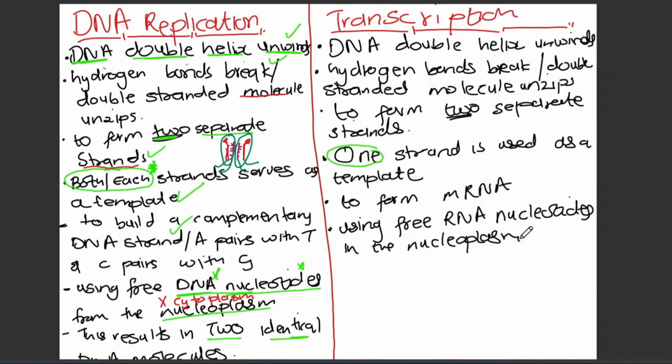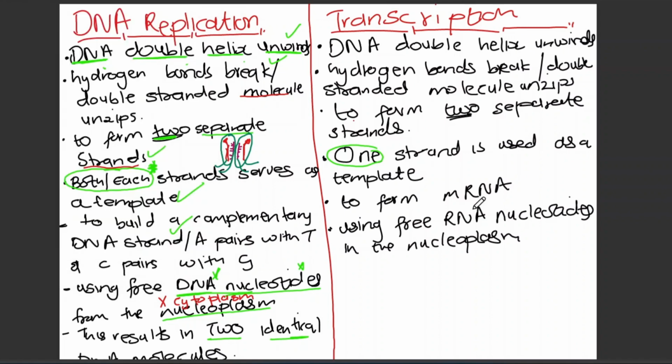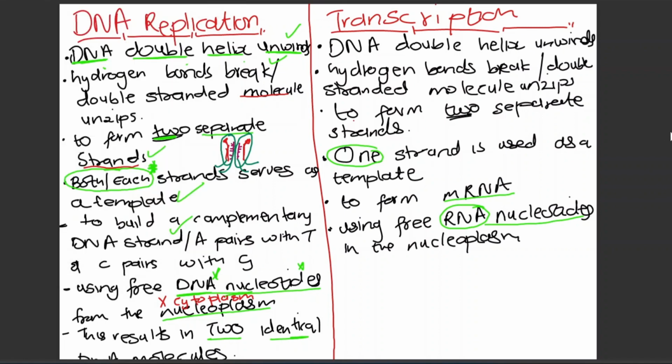We had said in DNA replication, we are using free DNA nucleotides. But in transcription, we are using RNA nucleotides because now we are forming a messenger RNA, which is an RNA molecule. So these nucleotides are obviously carrying the ribose sugar.